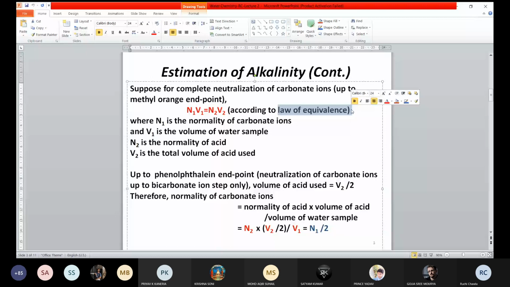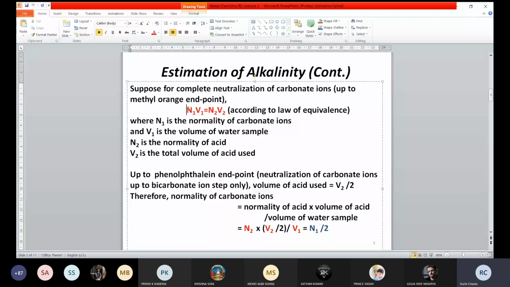So suppose for complete neutralization of carbonate ions, we are focusing on carbonate only right now, that will be indicated by methyl orange endpoint. Say this is the equation that holds complete neutralization. N1V1 is equal to N2V2, where N1 is the normality of carbonate ions, V1 is the volume of water sample.